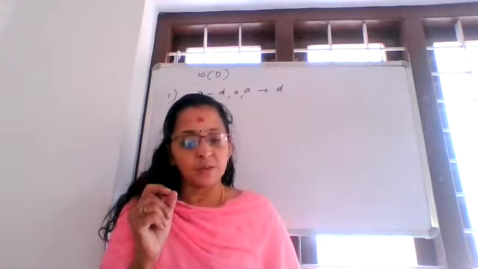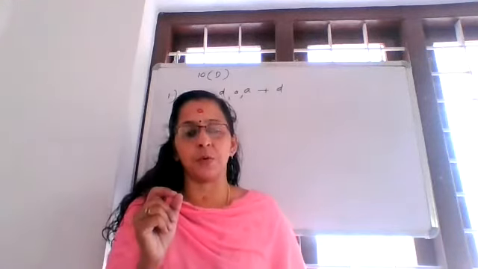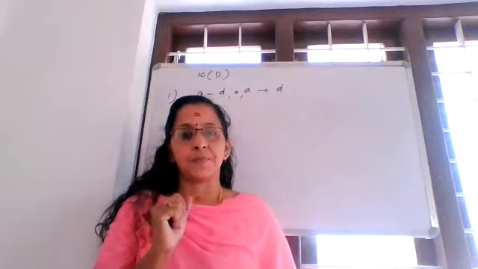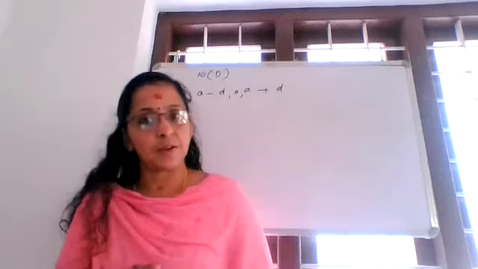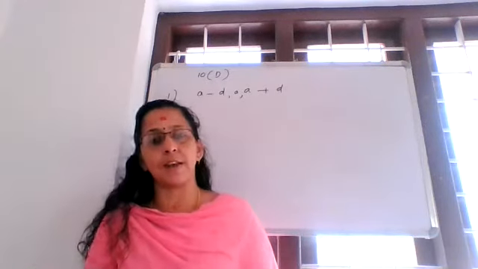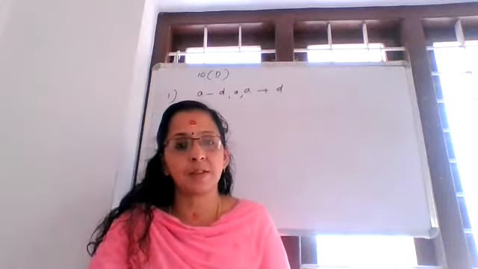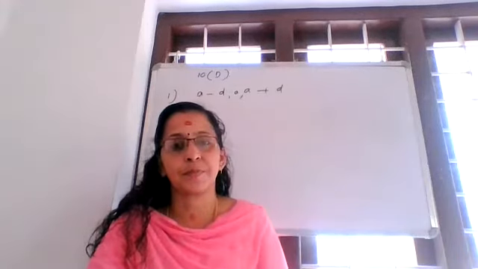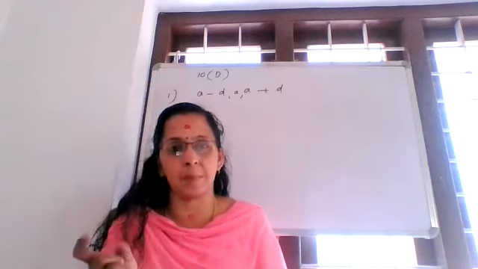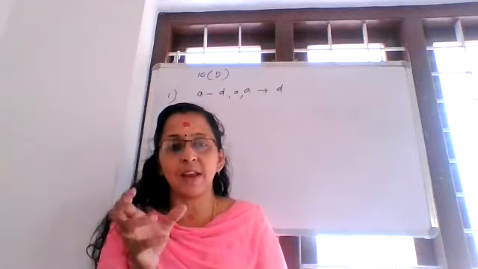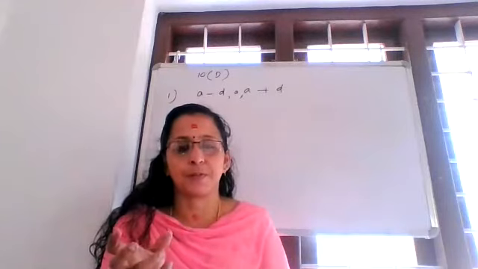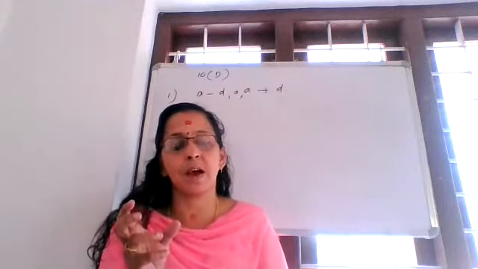The condition is what? Whose sum is 24. So what is the meaning of that? The sum of the three numbers we assumed, A minus D, A and A plus D, is 24.